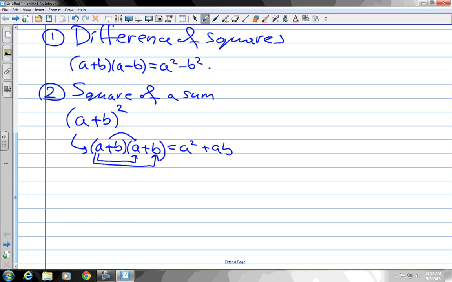B times A, I can say that's another AB for the sake of combining like terms later. And B times B, that's B squared. So when we combine like terms, we get A squared plus 2AB plus B squared.